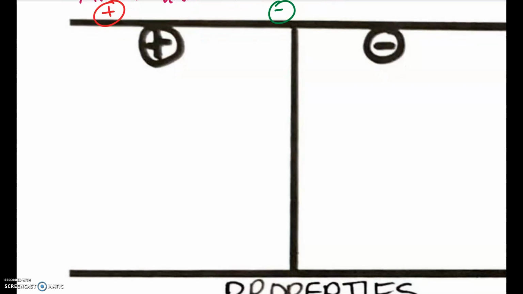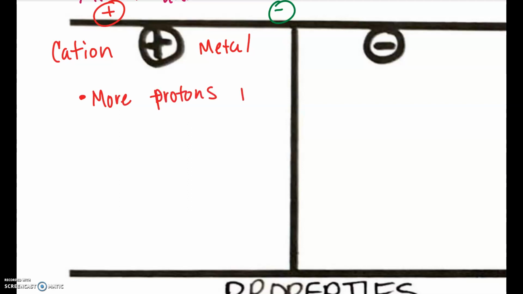All right, so the positively charged ion is called a cation, and again, this is typically the metal. What happens when a cation is formed is it has more protons, which are positively charged, than it does electrons, which are negatively charged.